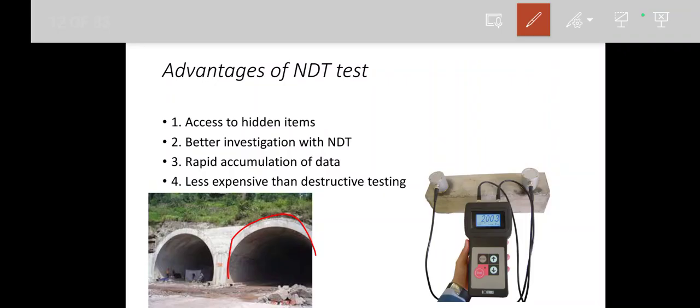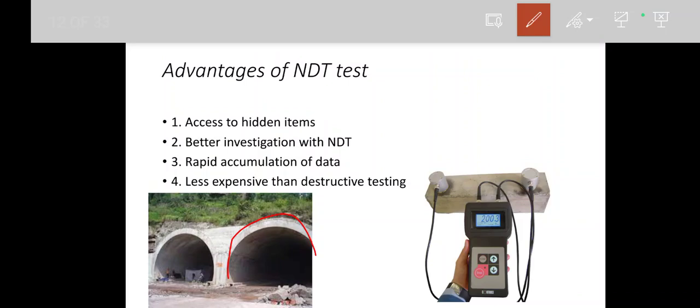Suppose we cast a cube, the way of curing will be different. How will we do the curing? If we cast cubes along with the beam element, we will keep the cubes inside water, immersion curing. But the actual beam placed at the site, how will it be? We will be spraying water only, once in 3 hours or 2 hours.